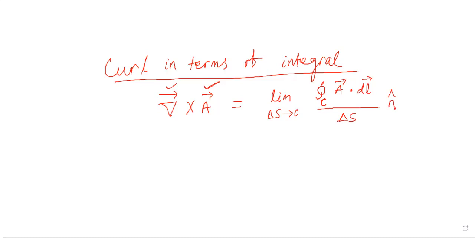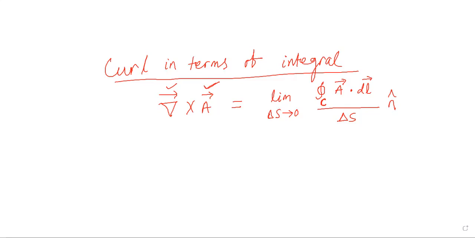If the curl exists, that means there is a rotating effect, and along what direction it is directed and the magnitude of the rotational effect can also be determined. If the curl is zero, it is an irrotational vector, that means it is unidirectional, moving in only one direction, with no change in direction, and there is no rotational effect of that vector field. So this is what we know.